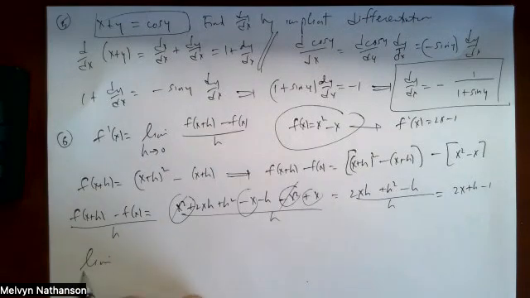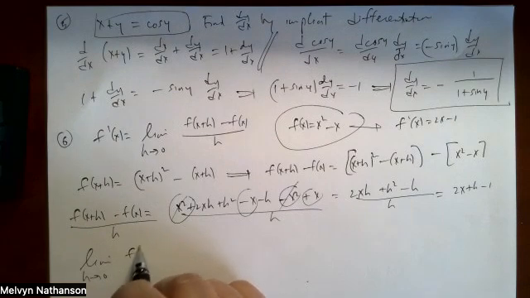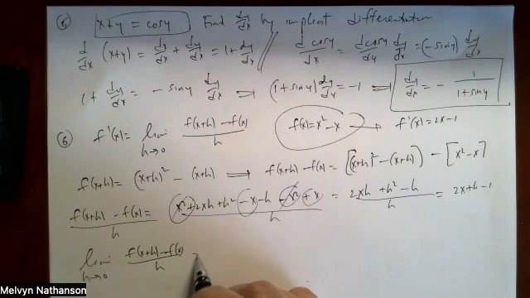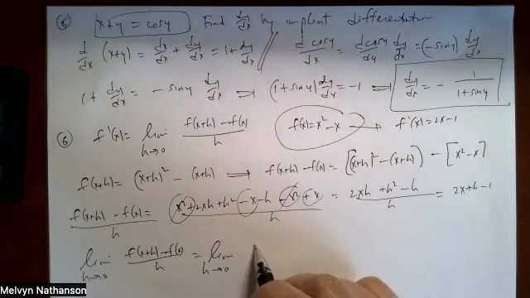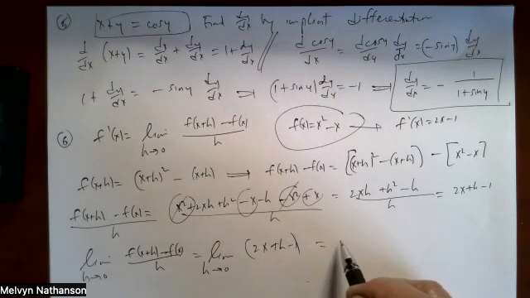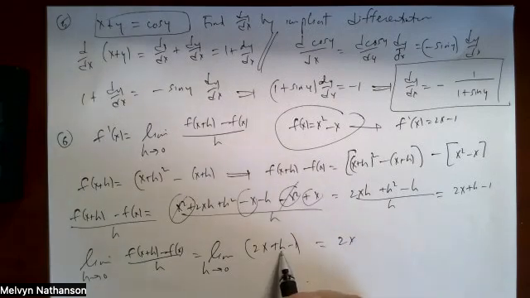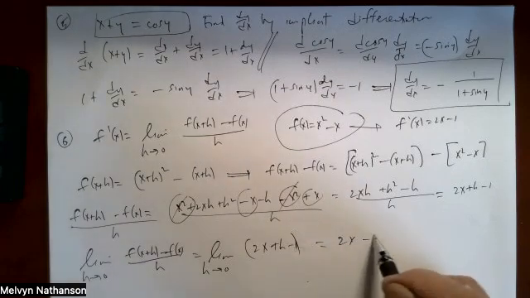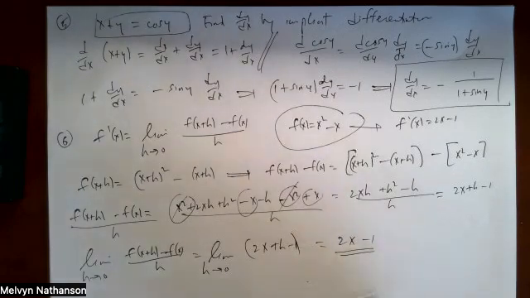So the limit, as h goes to 0, of f of x plus h minus f of x over h is the limit, as h goes to 0, of 2x plus h minus 1. As h goes to 0, 2x is 2x. As h goes to 0, h disappears, goes to 0, minus 1. And that's the answer.